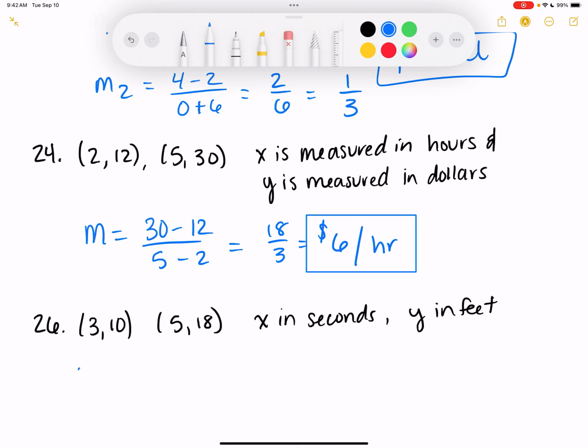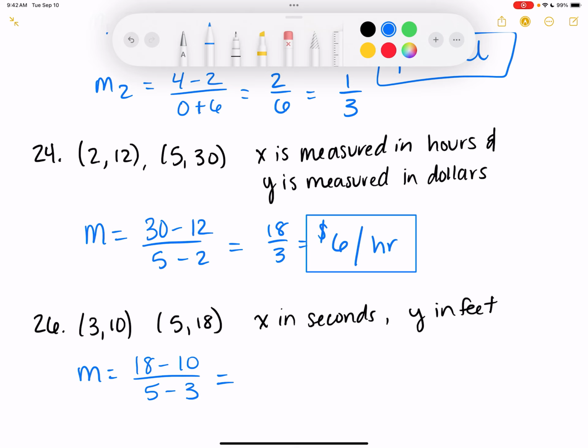All right, Mason, you're the last one. So it's 18 minus 10 over 5 minus 3.